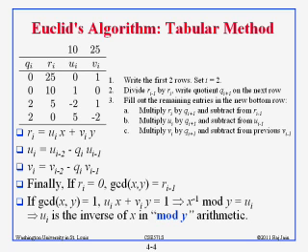What this means is that if you multiply U by 25 and V by 10 and add them, you should get the remainder Ri. Every single row will satisfy this.